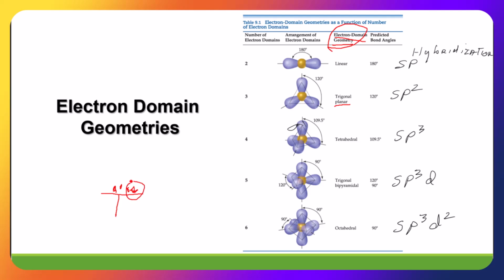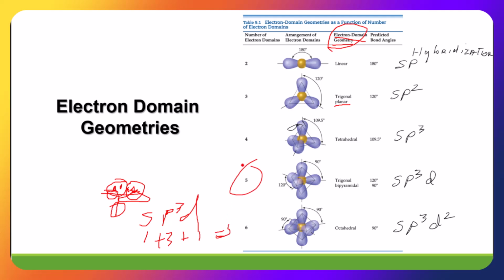So there's 1, 2, 3, 4, those are bonding electrons. 5 electron domains means sp3d hybridization. 5 things, 1 plus 3 plus 1, 5.